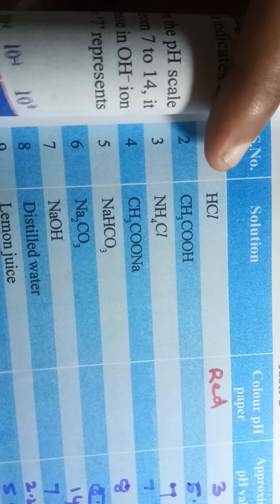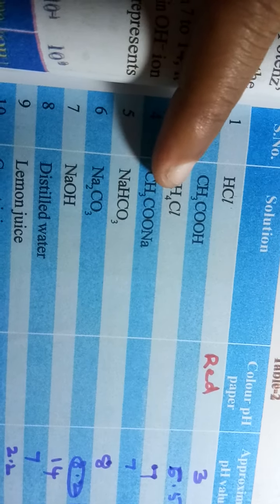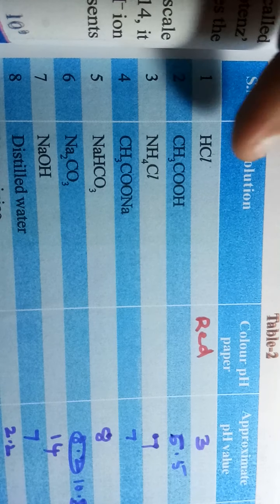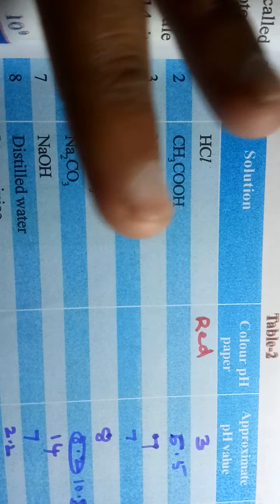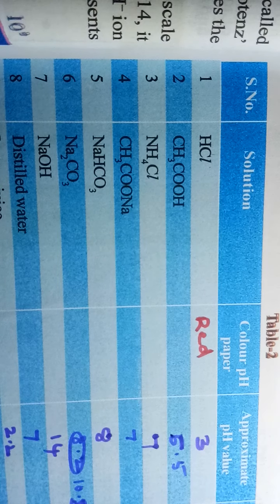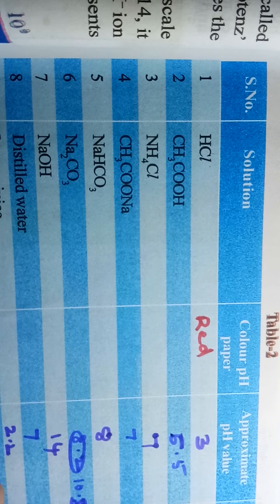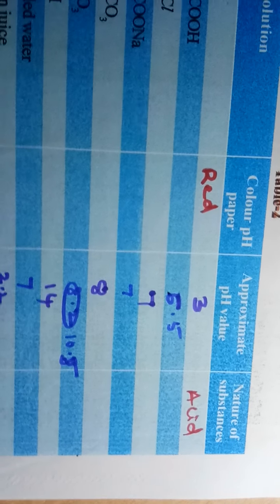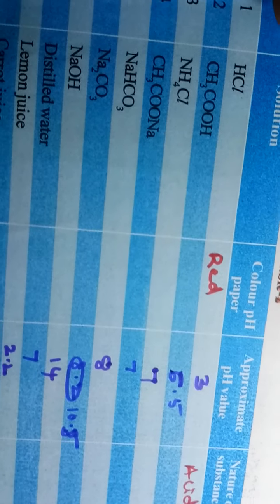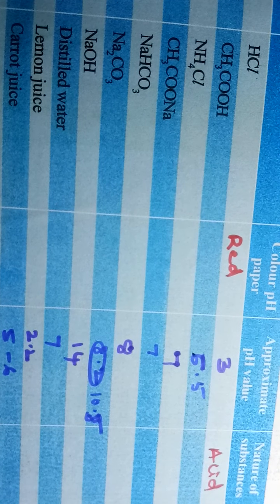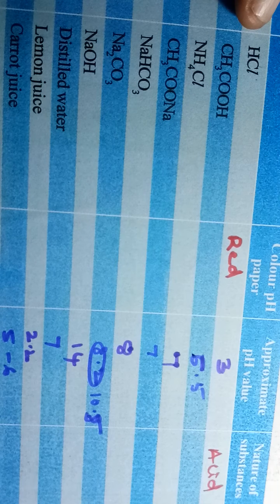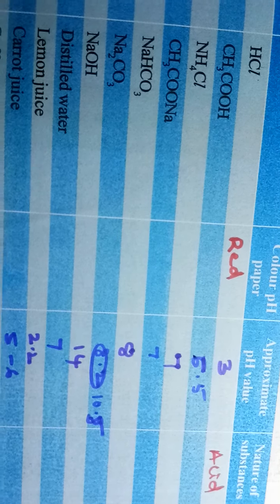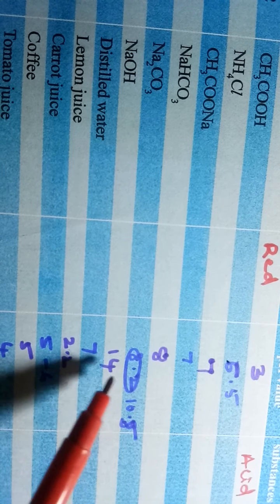Similarly, by testing the universal indicator color, we can determine the pH values as well as the nature of the solution. Here I gave you different pH values, because it is very difficult to determine them, so that's why I am giving the pH values.